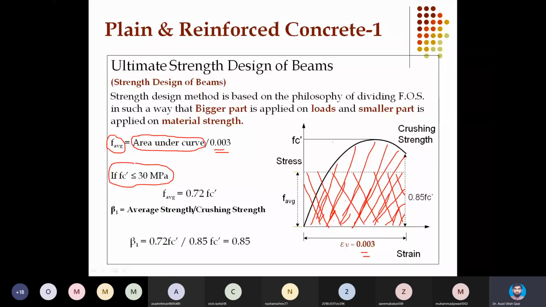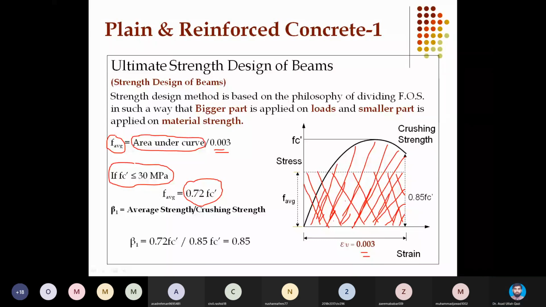F average multiplied by 0.003 will still give me the area under the curve. So for concretes up to 30 megapascal, it is well established that this value will be around 72% of FC prime. It will be up to 72% of FC prime for all concretes up to 30 megapascal.